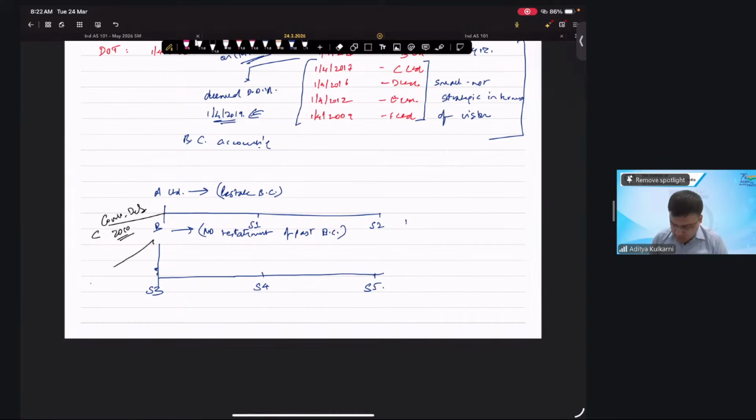And B is also holding in D from 2010, convertible debentures 2010 onwards. Okay.